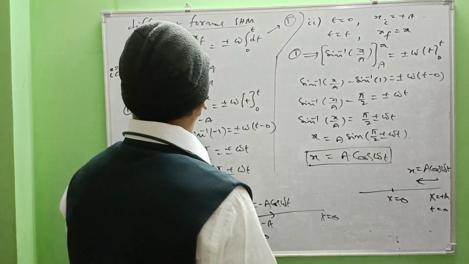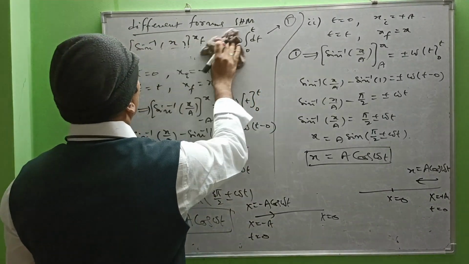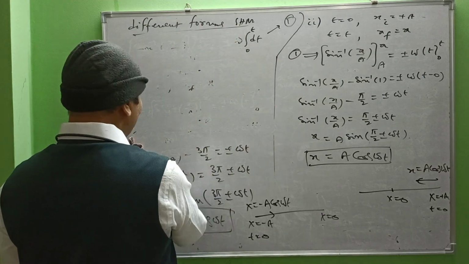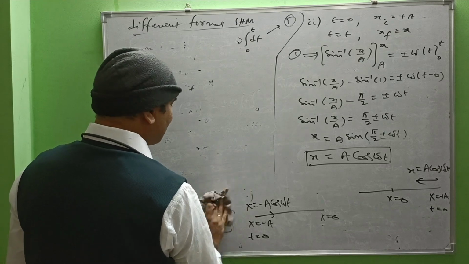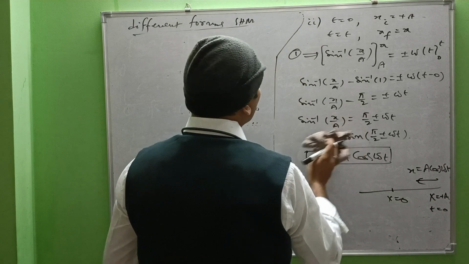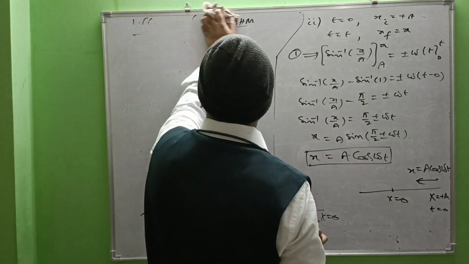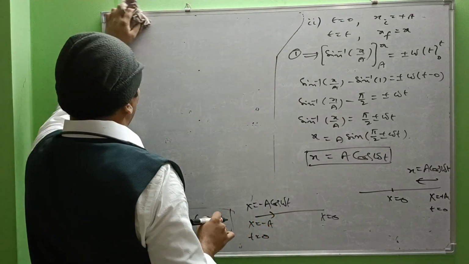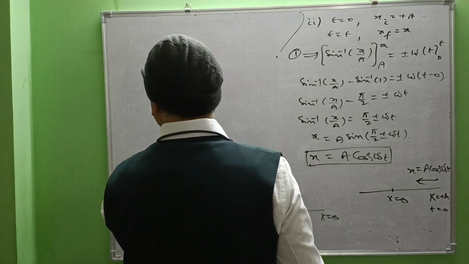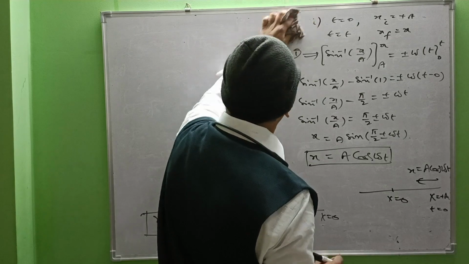Ultimately, one can compare all we have discussed so far at different situations, while passing through the mean position, while reaching the right extreme position, while reaching the left extreme position, all in one diagram like this.